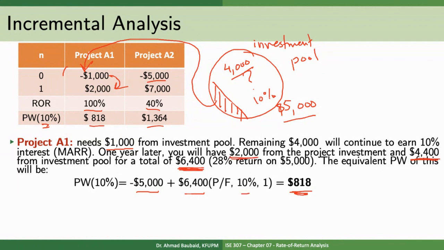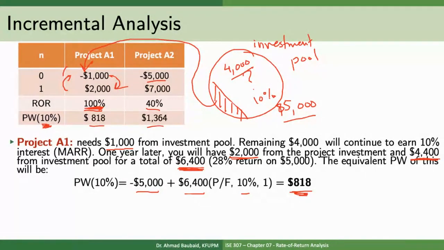If you move that back at 10%, you get 818. Or if you do it from here, it's the same thing. If you move this back using the 10% also, you'll get that 818. Why is this the case?